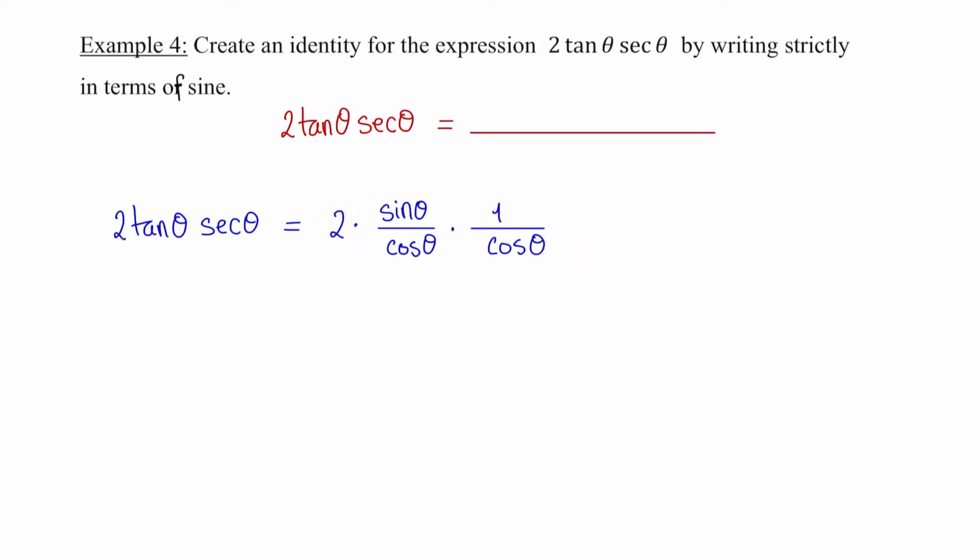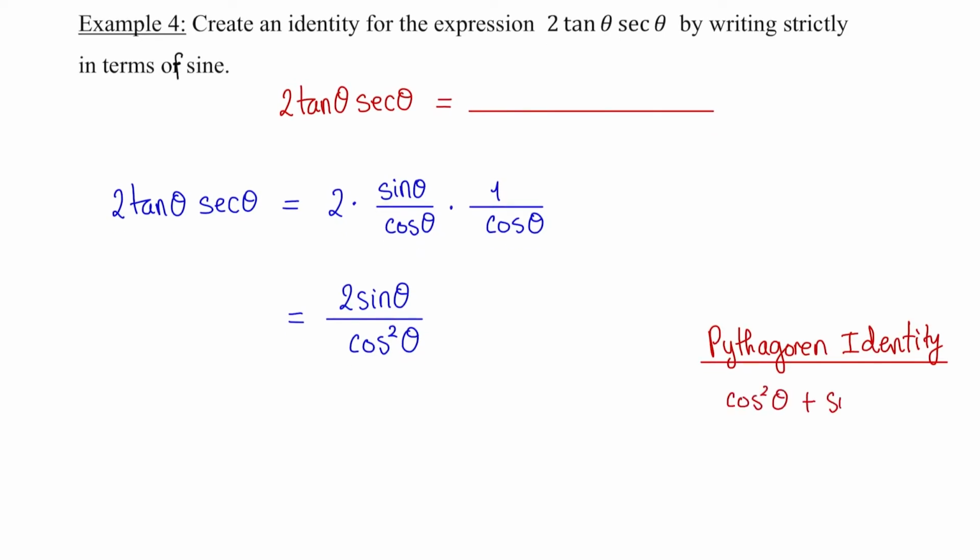I'll take 2 times sine times 1 is 2 sine theta over cosine theta times cosine theta, which is cosine squared of theta. I'm still not done yet because there's still cosine in here. So in order to replace this cosine squared of theta with something in terms of sine, I'm using the Pythagorean identity.